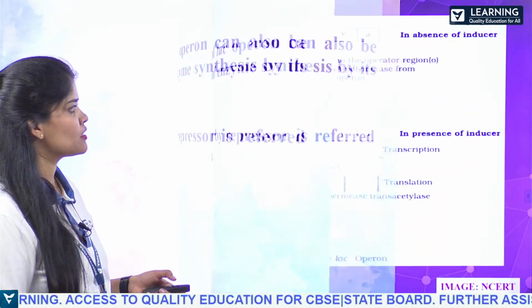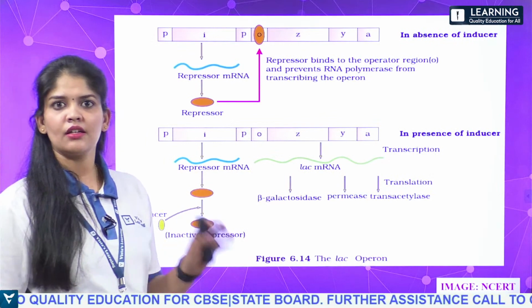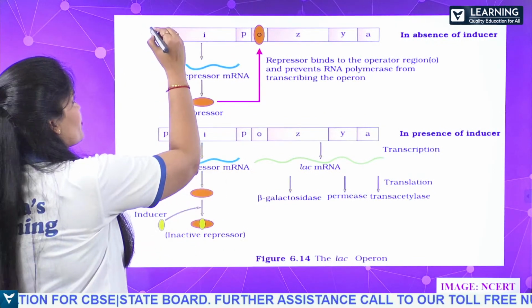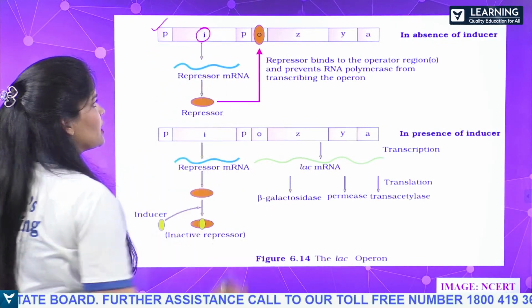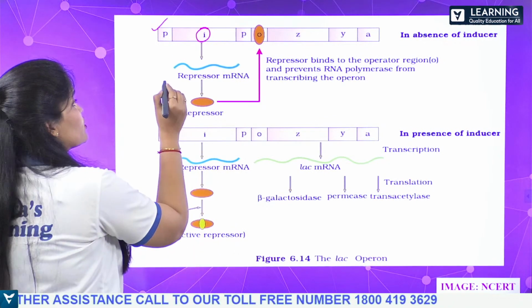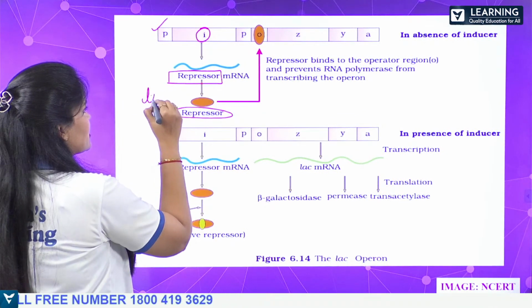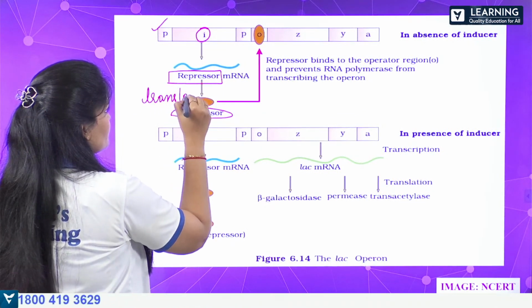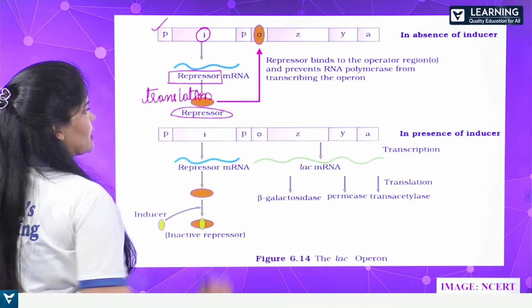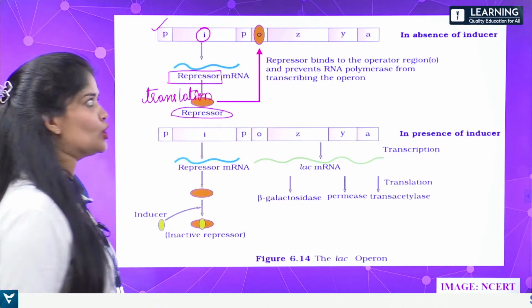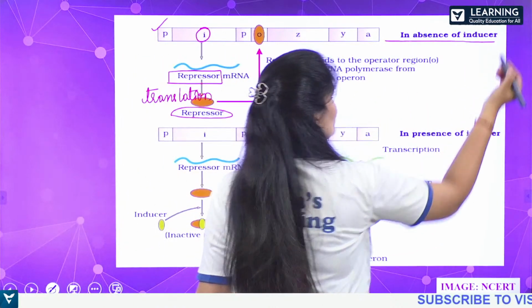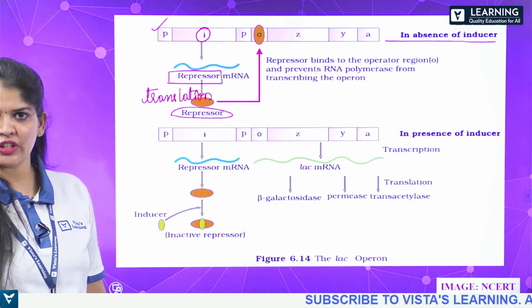That is it. So this is very clear now: this is the promoter and the I gene, which will produce repressor mRNA, translated into repressor. Here there is no inducer. In the absence of inducer, there is no availability of lactose.